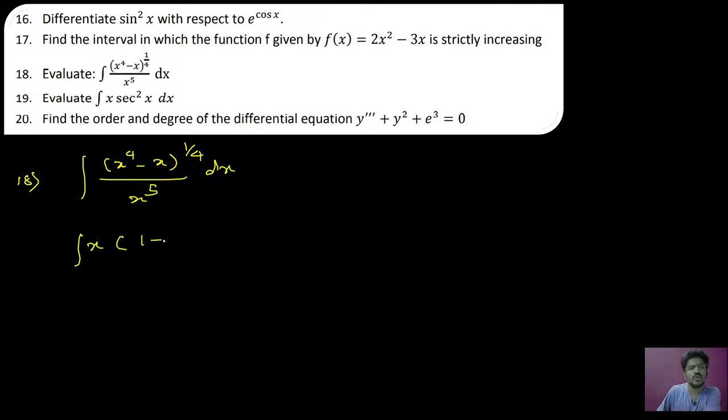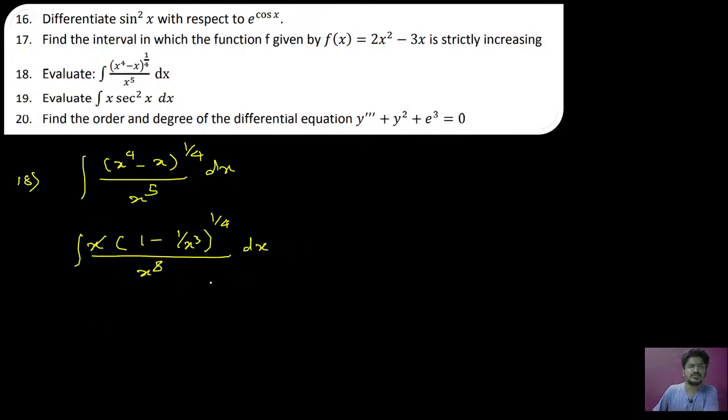Remaining will be 1 minus 1 by x to the power of 3 whole to the power of 1 by 4 divided by x raised to 5. Okay. So Sanjeev, don't worry, we can write both, no problem. There is no rule that we have to write only what they have asked. So x can get cancelled.